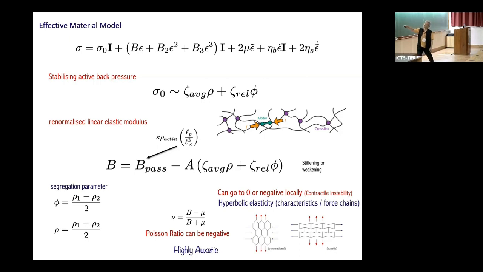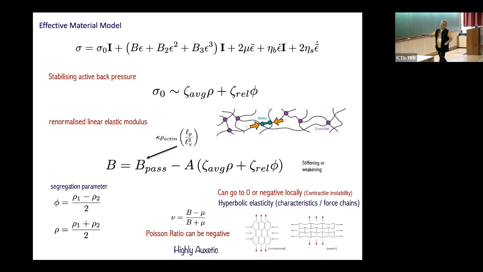Okay? So you can imagine that if there's a concentration of myosin in one region, that will increase this quantity, and so this can be driven to zero and negative values. So you get a potential instability coming in here. In fact, this material is really interesting. Overall, the system is not mechanically unstable, because there is a nonlinear stabilization term. But the linear part appears to have an instability.